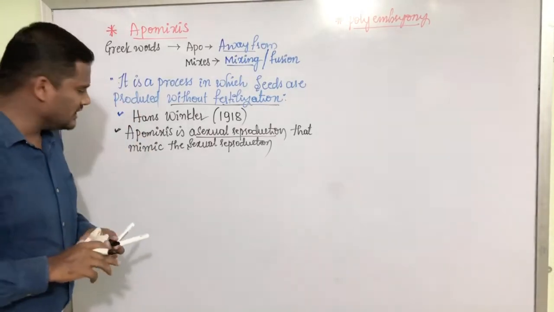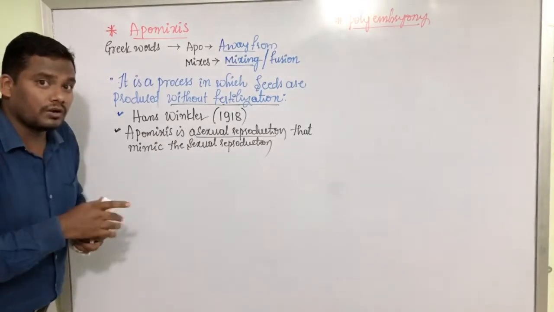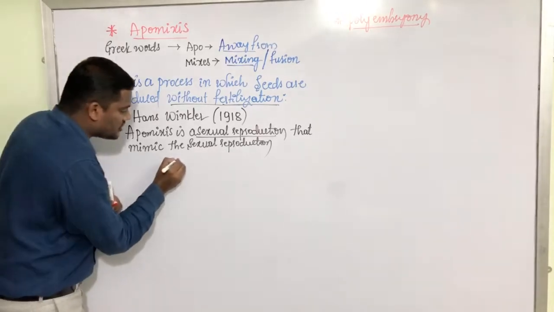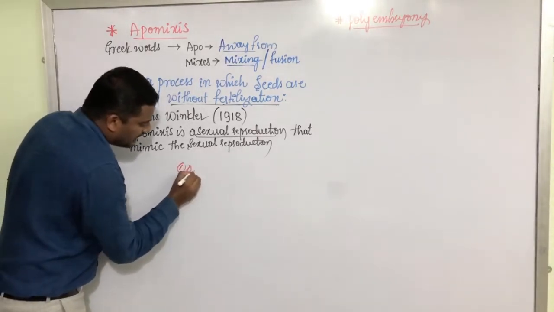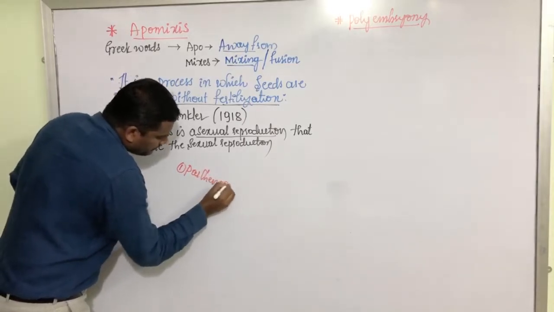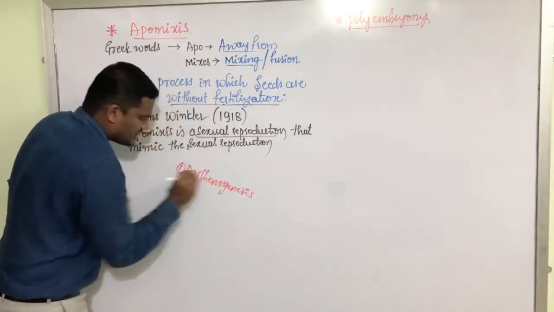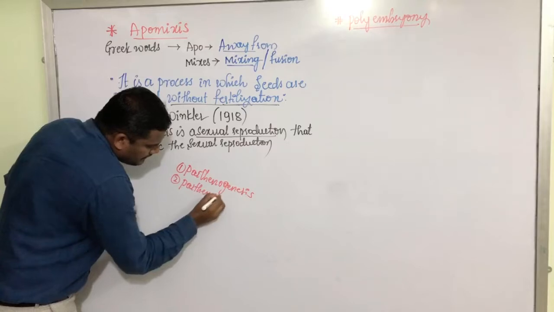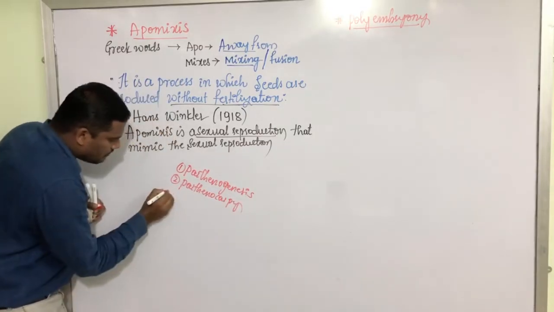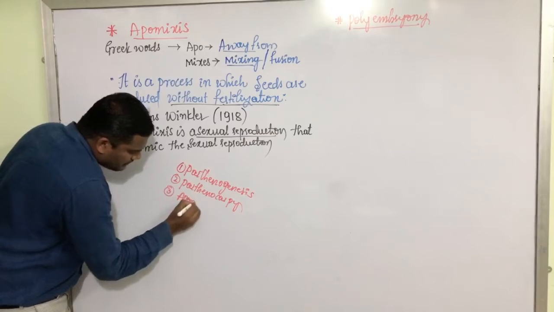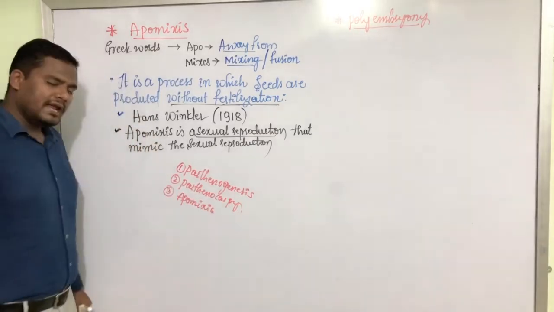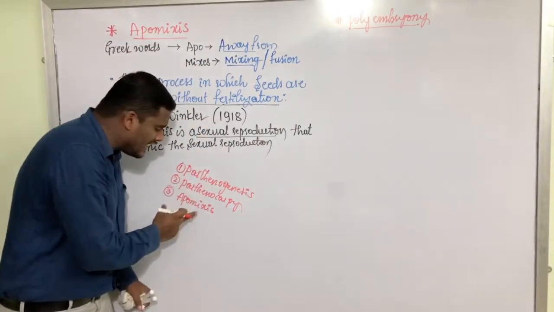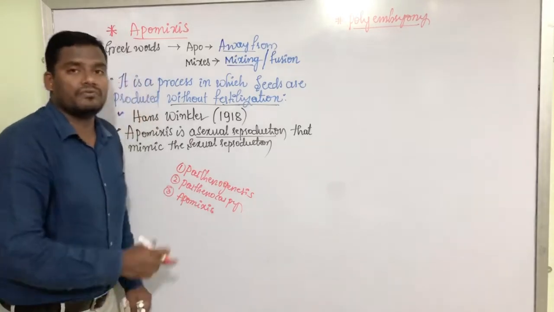Majority of the friends get confused between three very important words because they are repeatedly asked in competitive exams. The first word is parthenogenesis, the second word is parthenocarpy, and the third word is apomixis. In many competitive exams, a question may appear like: whether parthenogenesis and apomixis are the same, justify.